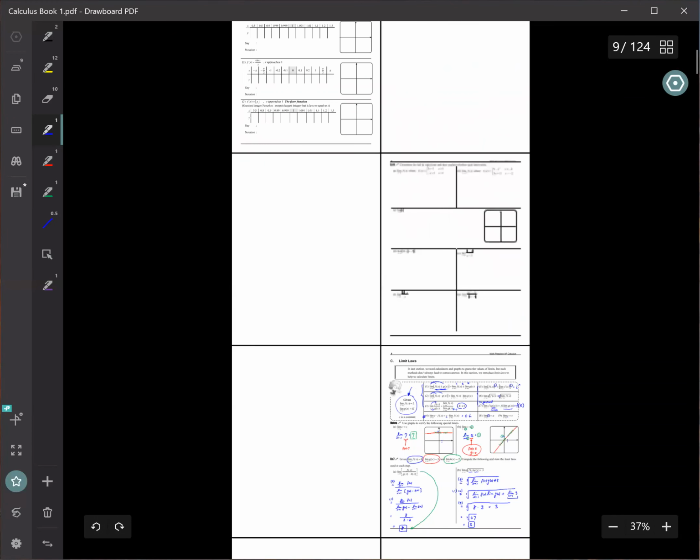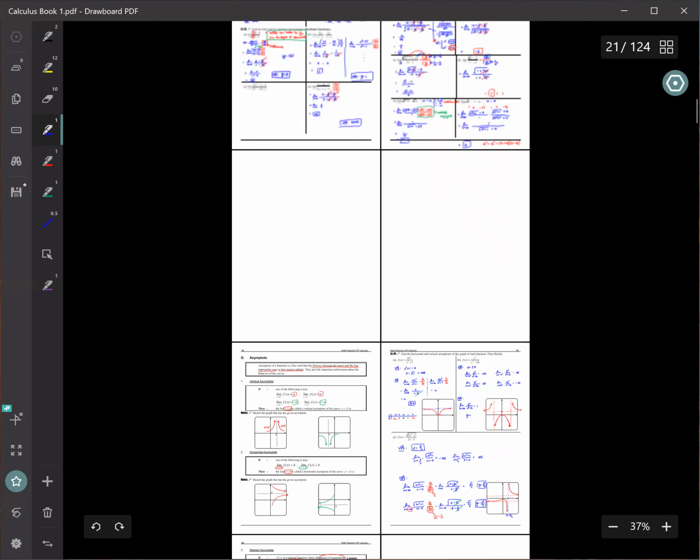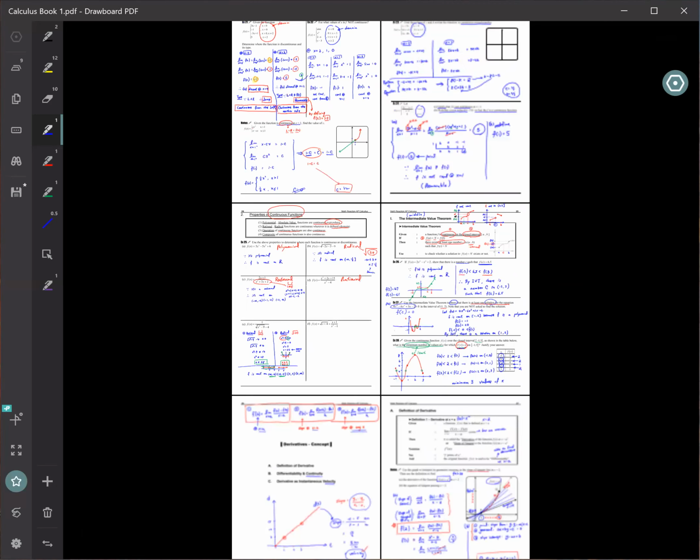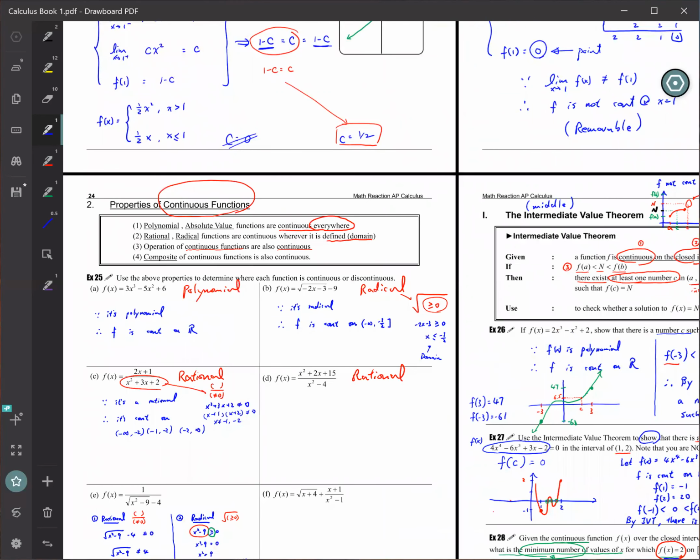Is it because left limit equals right limit? No limits. Okay, over here. You guys can also flip back, okay? It's a good chance to review, right? Okay, this one, page what? Page 24.